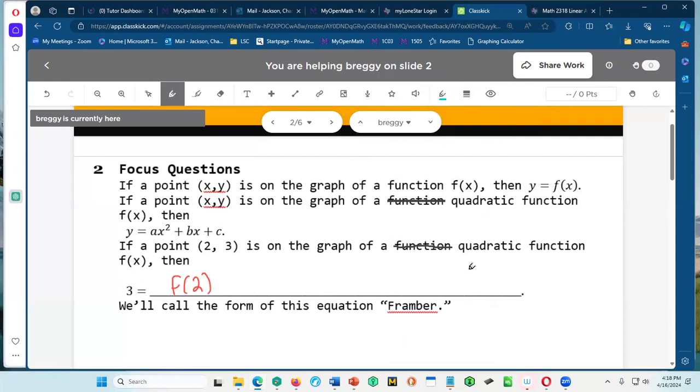Which is... we know f is quadratic, and so what can we write? Right.